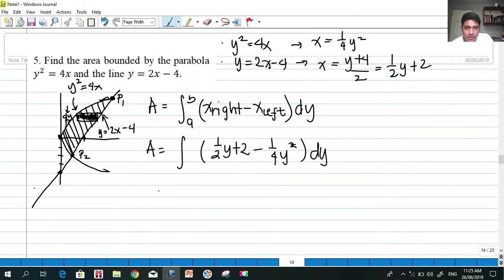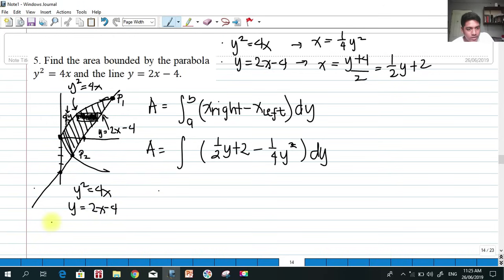And the problem is, what are the limits? In order for us to get the limits, first we have to equate these two. We'll try to equate y squared equals 4x and y equals 2x minus 4.